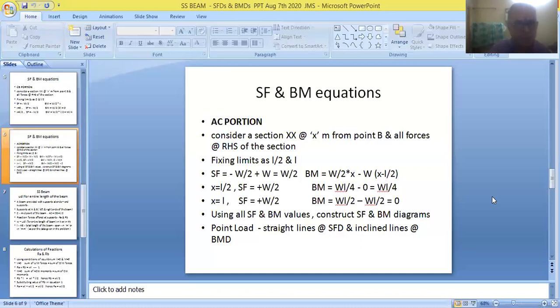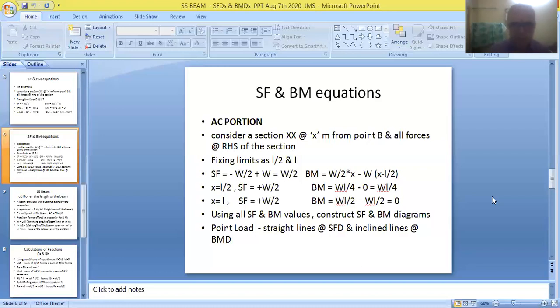The magnitude of the upward force is W by 2, that is RB, as discussed in the previous slides. RB is obtained as W by 2, so it is written as minus W by 2. The magnitude of the point load is capital W, so it is written as a capital W. So by doing simplifications, SF is obtained as plus W by 2.